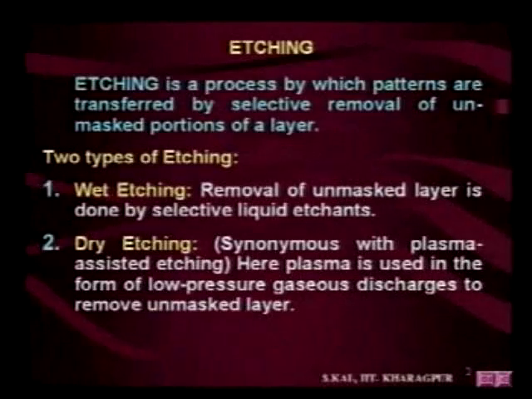So there are two types of etching mechanism. One is known as wet etching, and the other is known as dry etching. In wet etching, the unmasked layer is removed by selective liquid etchants.